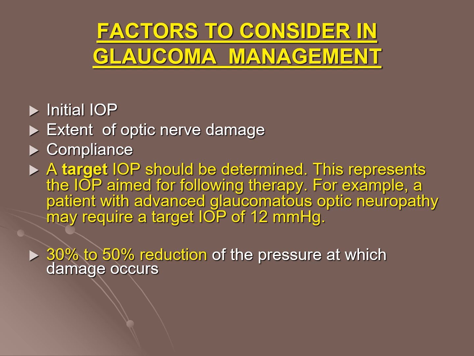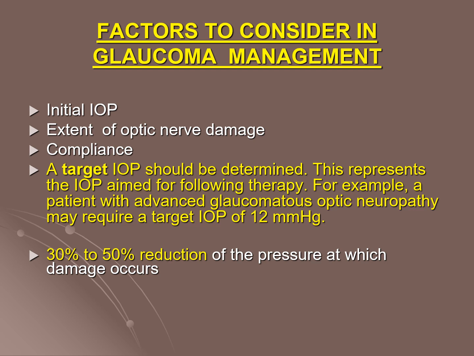Now we come to the management of glaucoma. The factors which you must consider while managing primary open angle glaucoma are the initial intraocular pressure, extent of optic nerve damage, and compliance of the patient. The aim is to achieve the target pressure, and the target pressure is a pressure where progression of the disease is halted.